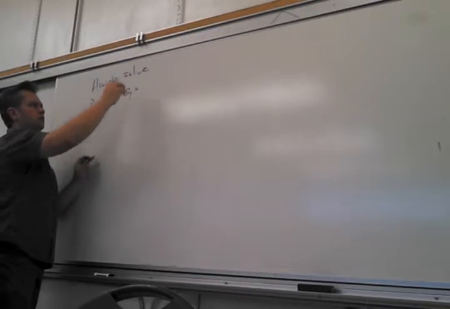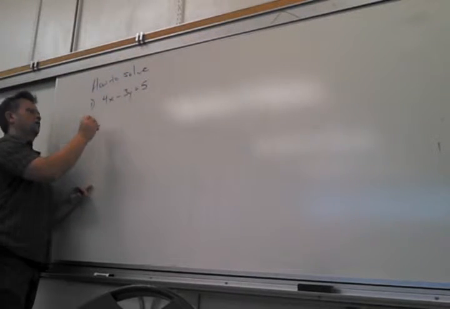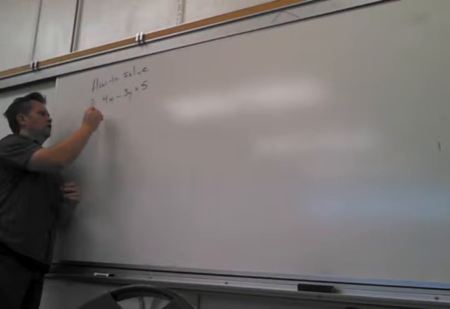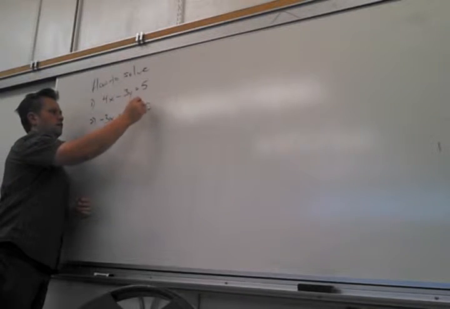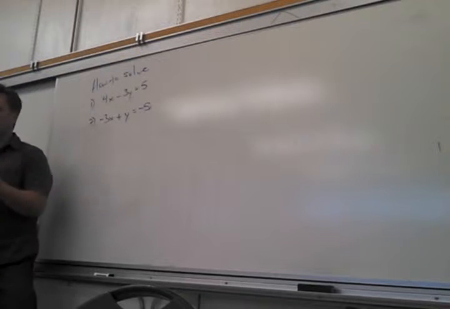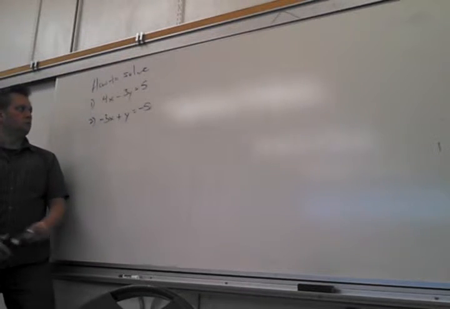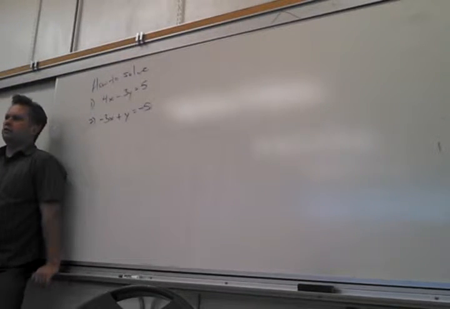Oh, I guess I should make it work. Okay, if I did that right in my head, it should come out nice. We'll find out. What methods do you guys know to solve this? There should be a total of 3 by hand methods we can use.